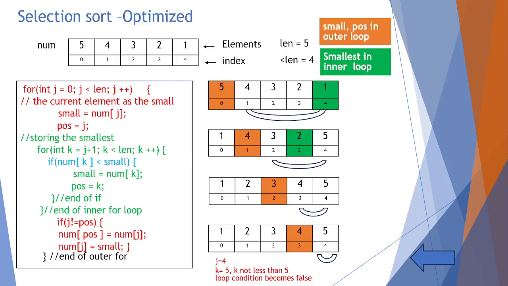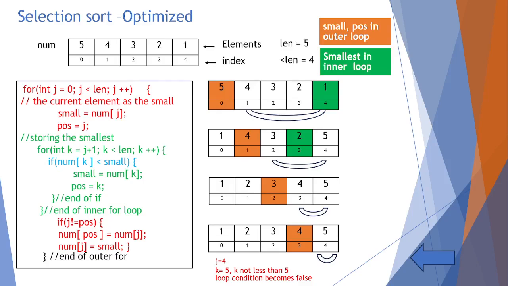Now, if you see the program on the left side, in the swap part, below the red colored statements, before swapping, we have a condition: if j not equal to pos. Why? In the outer for loop, in red color, small is equal to num of j and pos is equal to j. That means the position is j, that is 2 in our third iteration. And the inner for loop did not find any other smaller element other than 3.